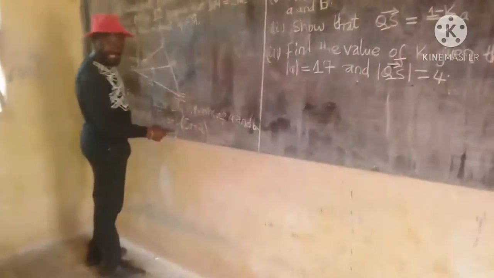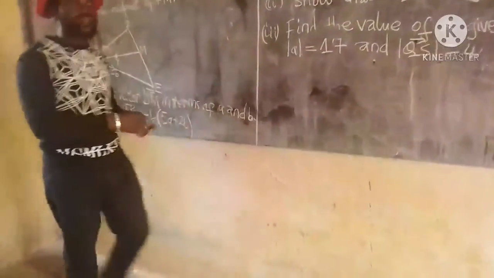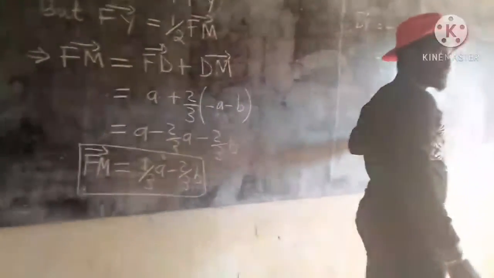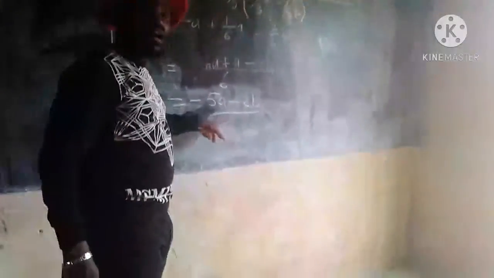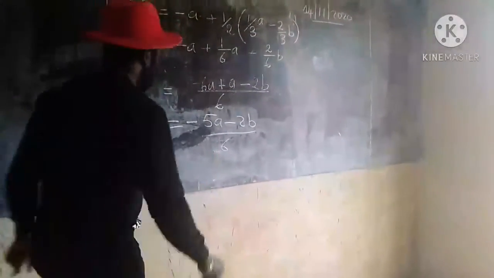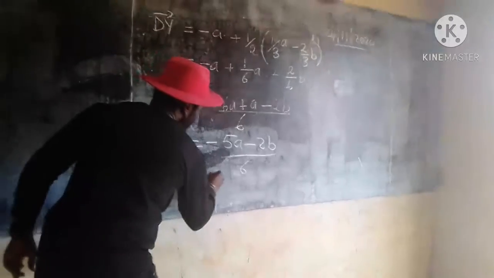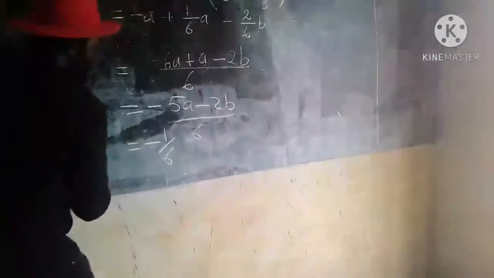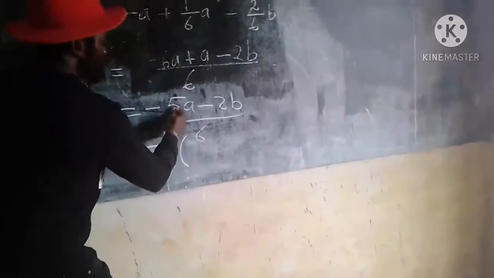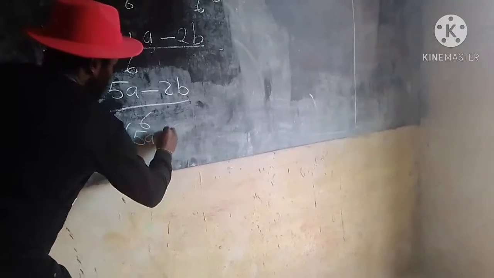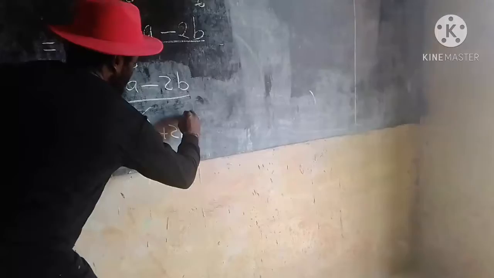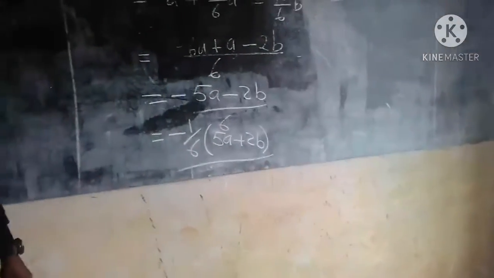Minus 1 over 6 into this. So we can push out the minus sign of both terms in the numerator, right? And then push out what? 6. So we are going to have minus 1 over 6 into, so here you are going to have what? 5a plus what? 2b. And that is good.